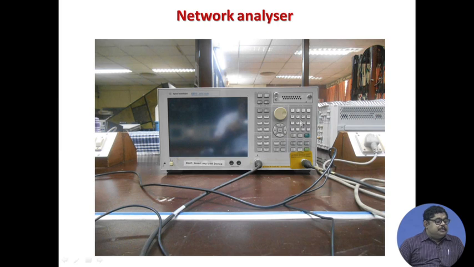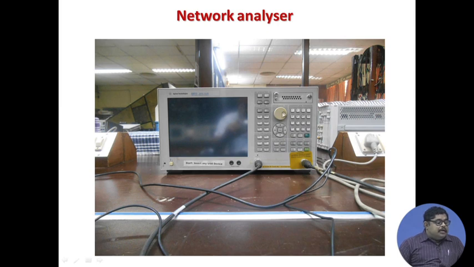This is a modern network analyzer, it looks like this. You have a large display section, then you see the ports. It has 2 ports, this is one port, this is another port. With these 2 ports you can connect your things.